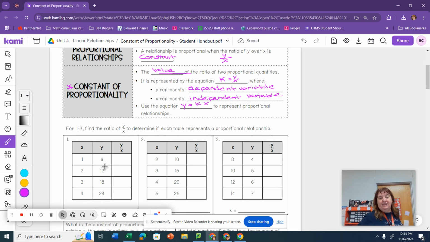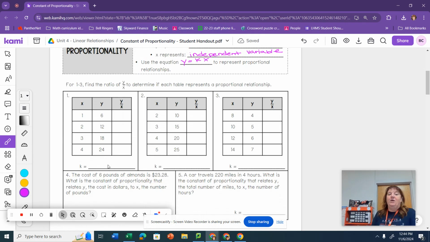Okay, so let's see what that means. You have a table. Here's your x, here's your y. What did we say was on top? Y is on top. So that would be 6 over 1, which is the same as 6. What's next? 12 over 2, and that's the same as saying 6. Look at that, they're the same.